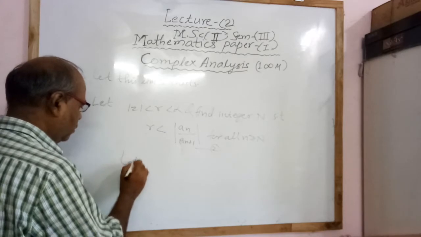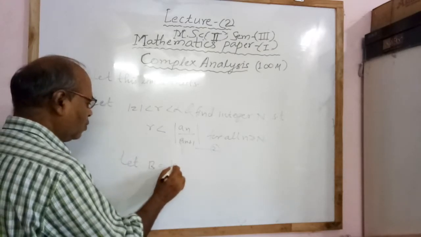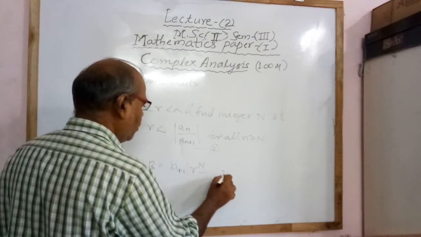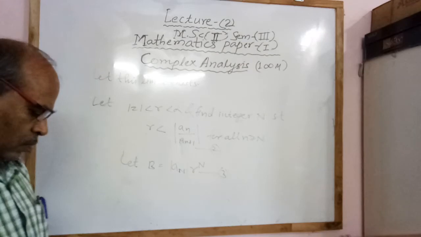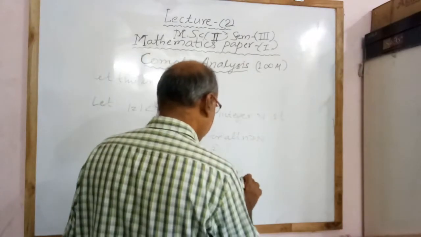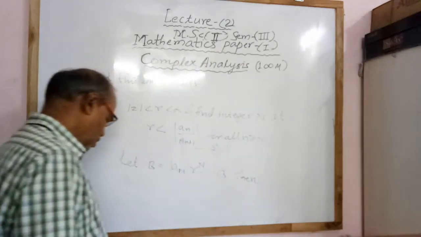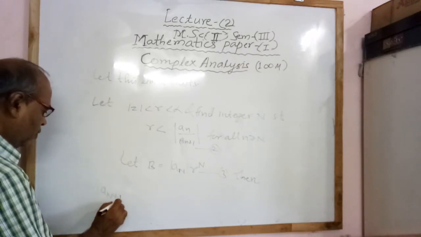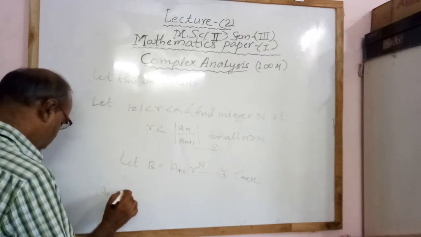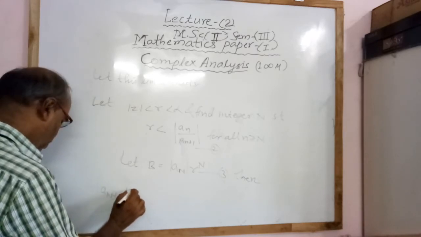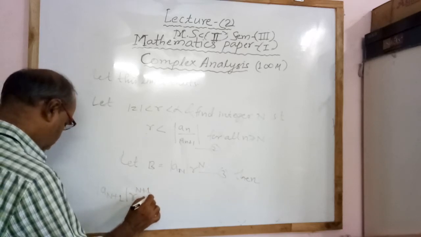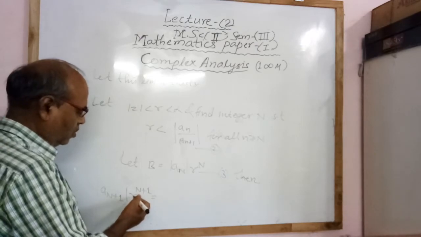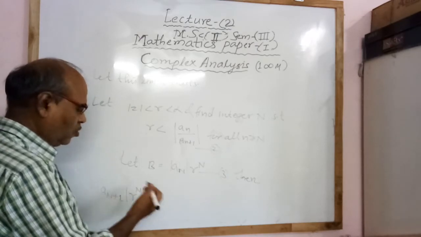Let b equal to mod of aN r to the power N, then we have mod of aN plus 1 into r to the power N plus 1 equal to, by property of indices, we break r to the power N plus 1 as r to the power N into r.